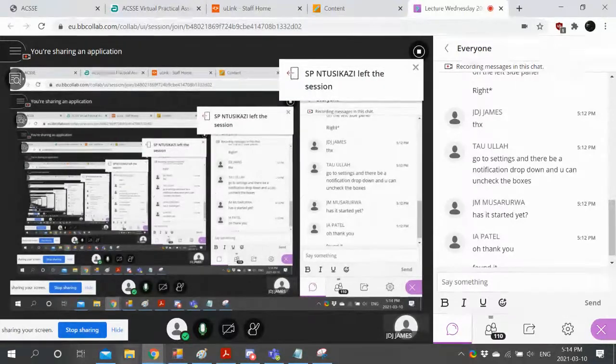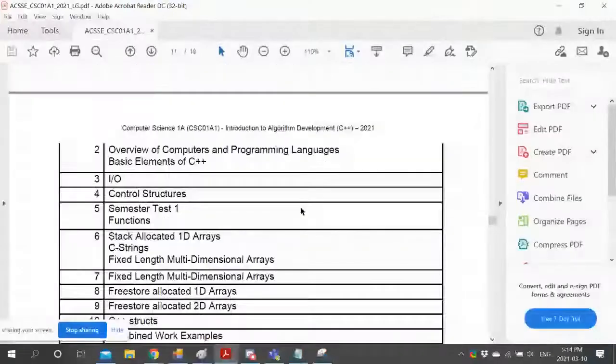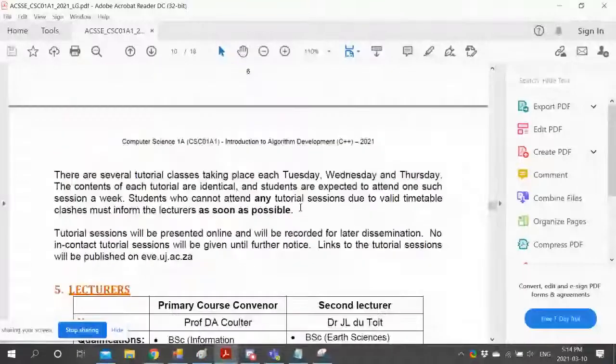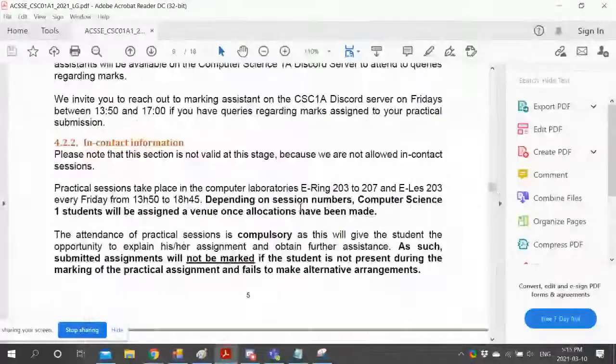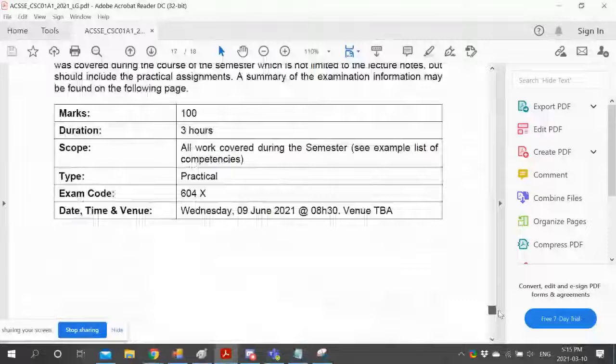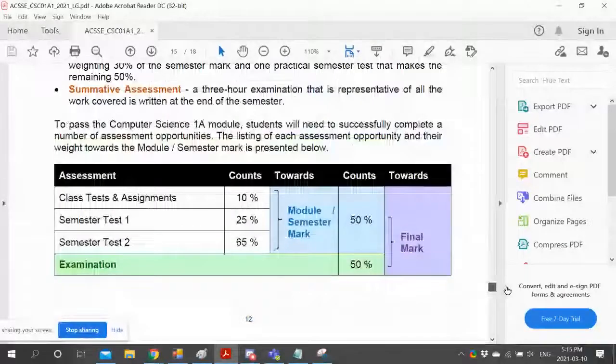Because one thing that is important, and I guess it's something we can start off with, is that in this course, there are these various components that go into calculating your final mark. So class tests and assignments, those are your weekly practicals and anything else we ask you to do, including these shorter programming assignments.